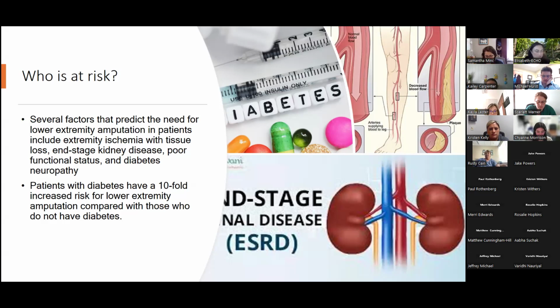Patients that do have peripheral vascular disease and diabetes are at almost a tenfold increased risk to end up with some type of amputation. And depending on what that vascular status is, that can determine what level of amputation, or how much amputation, they have.